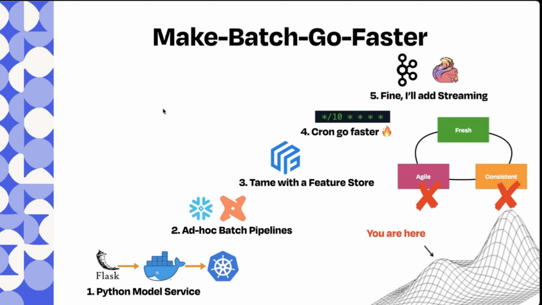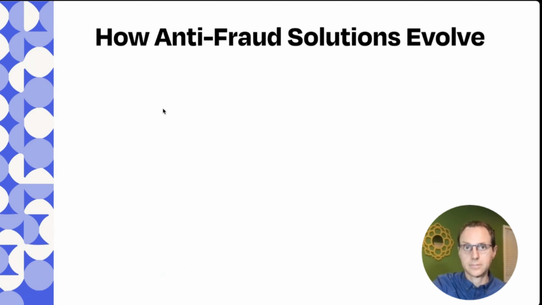And the claim that I want to make is that if we look at the way that fraud systems tend to evolve, we might be able to find architectures that are more amenable to these real-time problems and help us arrive at a more global maximum.